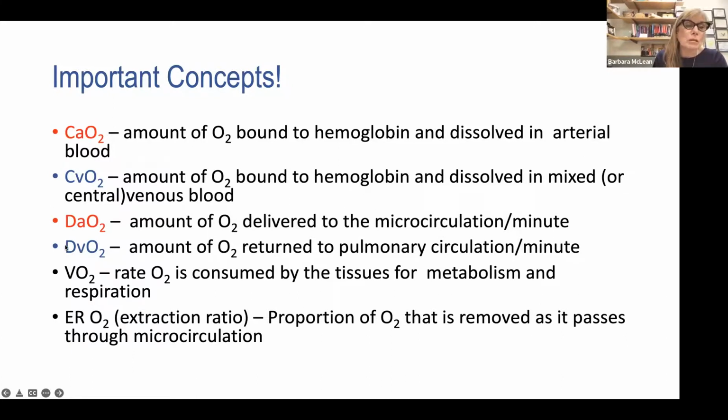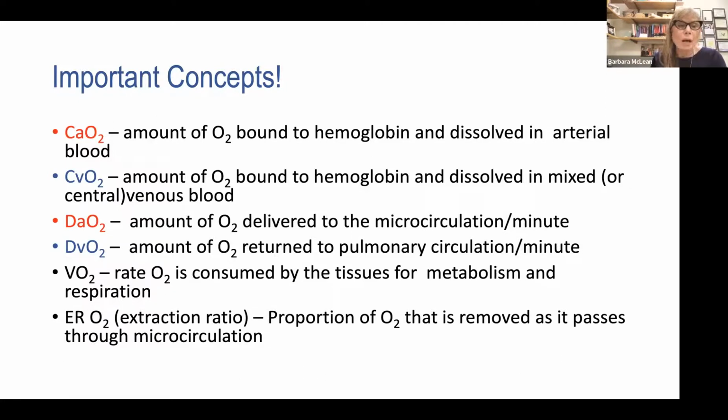DvO2 is the delivery or the return of the oxygen to the pulmonary circulation in mLs per minute. Pretty easy, right? Ca yields Da, Cv yields Dv. And the difference between Da and Dv is the amount of oxygen the tissues utilized.